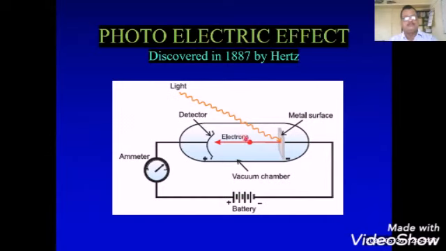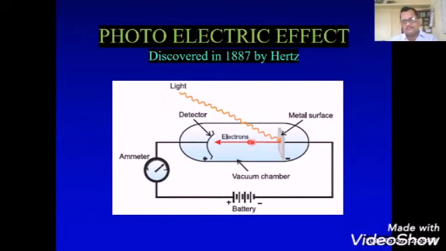Low wavelength gives higher velocity and higher kinetic energy of the ejected photoelectron, and high wavelength gives low kinetic energy and low velocity. This was completely opposite to what was believed regarding light. I think it is clear.